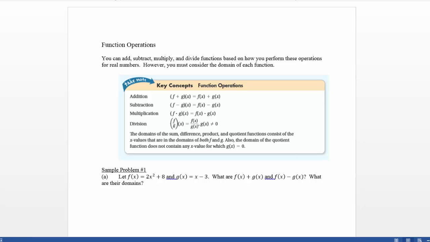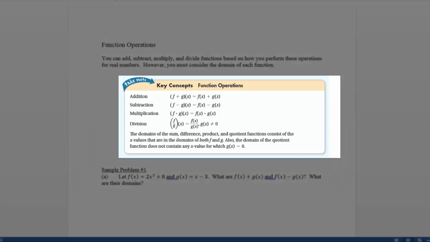If you take a look here as we start, we have some notation in our key concept box as far as how to add, subtract, multiply, or divide functions. I want you to pay attention to the different types, because MathXL, standardized tests, and my notes, various places will write these function operations a little differently.